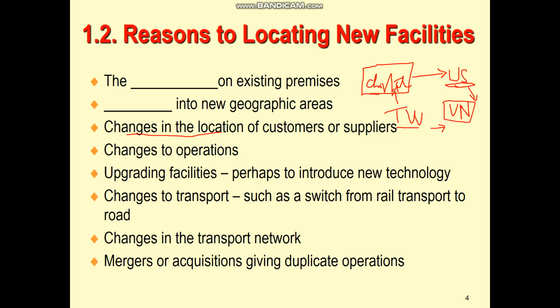So here we see that because the customer changed their location, the company in Taiwan also tried to change the location to Vietnam. So either a change in the location of customers or suppliers also becomes a reason to locate new facilities. Or when we upgrade the facility, like introducing new technology, it's also another reason to locate new facilities.